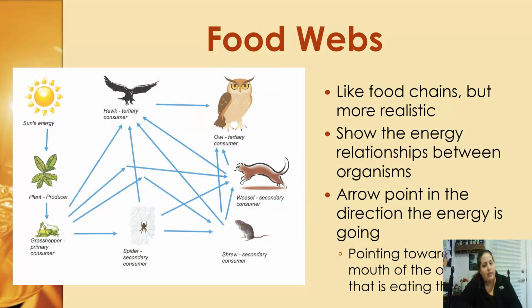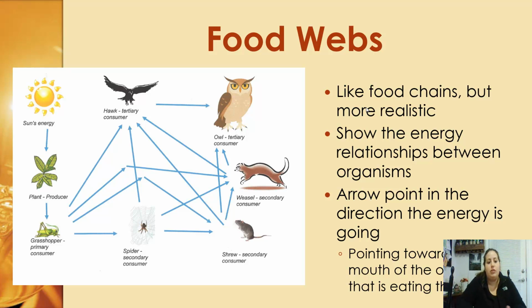Now this all kind of makes you think of a food chain, or in high school we like to call them food webs, because food webs are a little more realistic than just a food chain. A couple slides ago when I showed the sun to the grass to the zebra to the lion, that's nice, but lions eat more than zebras, and zebras are eaten by more than just lions.